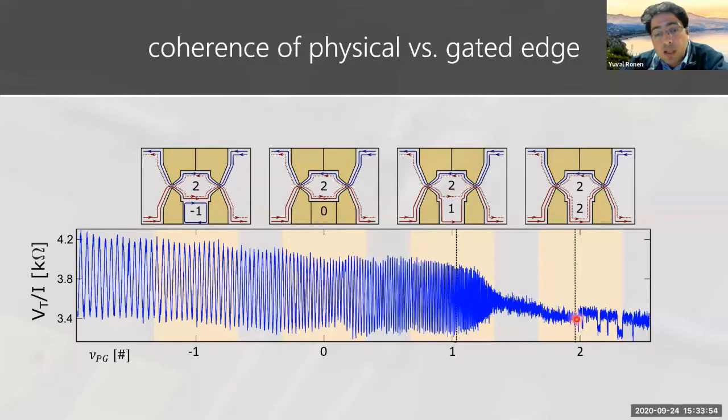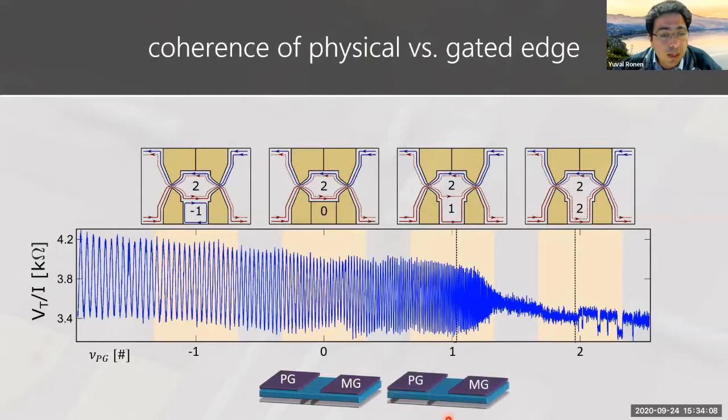You see that the visibility is very low. So this tells us that the coherence length is probably very small in the physical edge. And you can think about it like when you move, the edges simply move to the physical edge of graphene, and this physical edge is creating some decoherence processes.